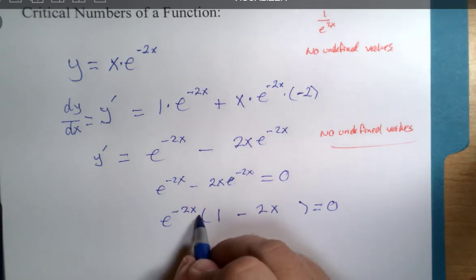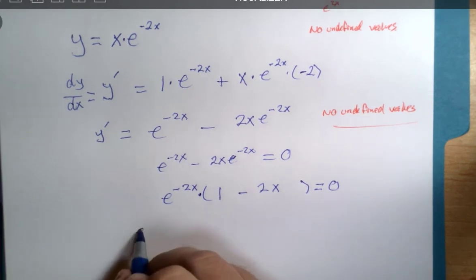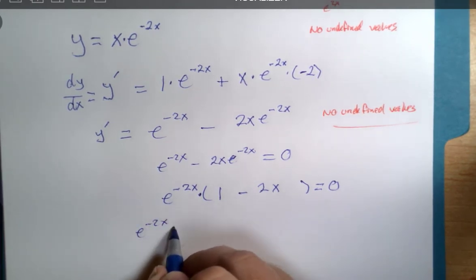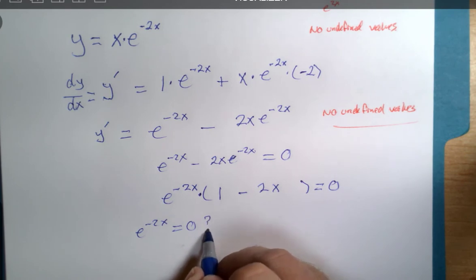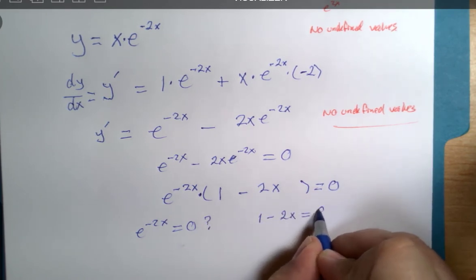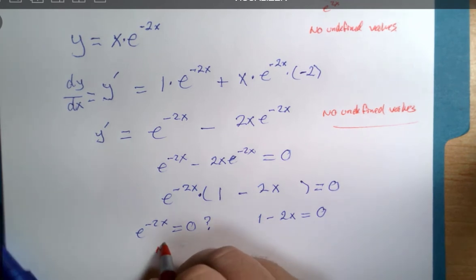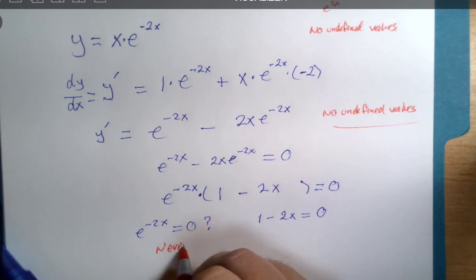And by what's sometimes called the zero product property, we set both factors equal to 0 separately and ask separate questions. When is each one equal to 0? And this here, in case you've missed it earlier in the video, is never 0.